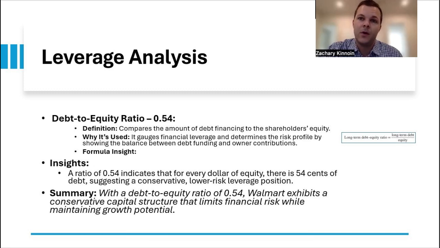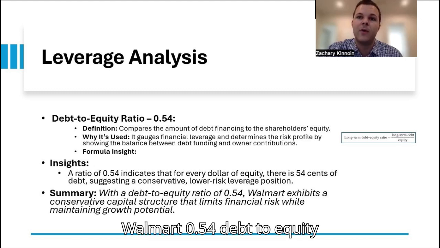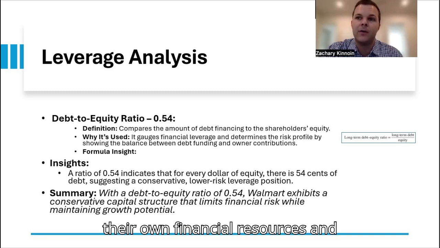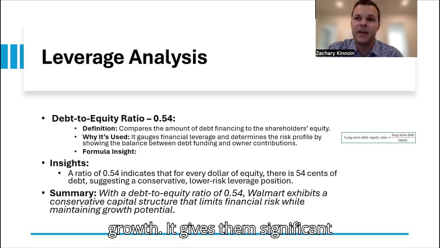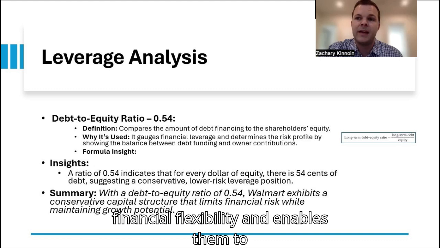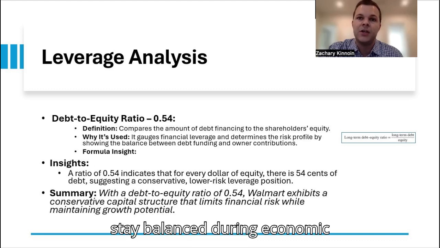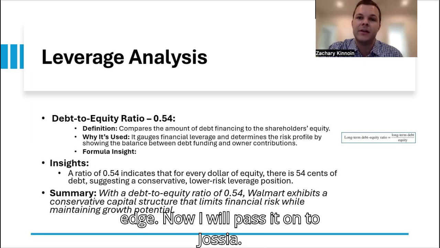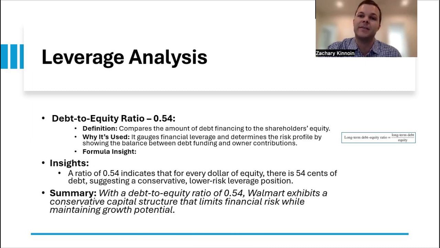In summary, Walmart's 0.54 debt to equity ratio shows that they rely heavily on their own financial resources and prioritize stability and long-term growth. It gives them significant financial flexibility and enables them to stay balanced during economic uncertainty and maintain a competitive edge. Now, I will pass it on to Jassia.